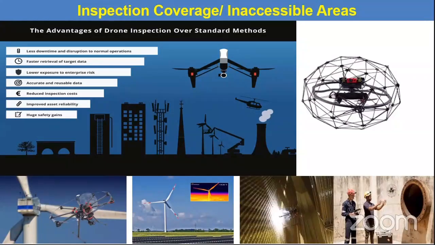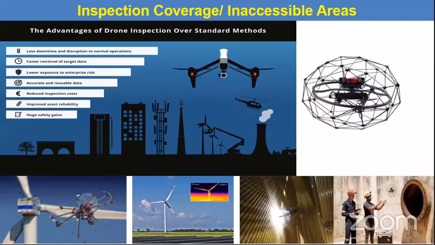Reduce downtime. Can even avoid disruptions to normal operations. You can lower the exposure to hazardous environments, increase safety of the operators, and you can get very accurate and reusable data. And of course, the simple fact that you are reducing time of inspection automatically increases productivity and things like that.